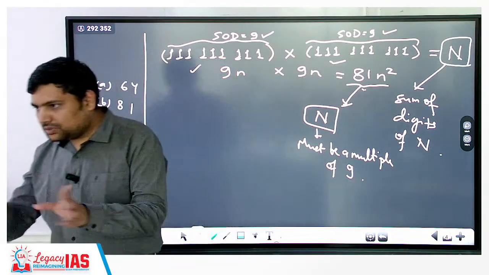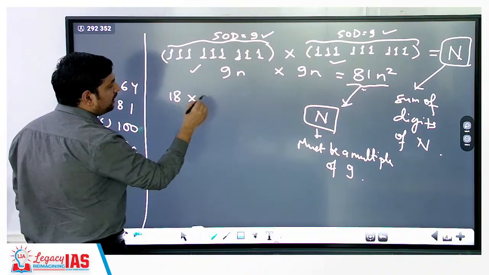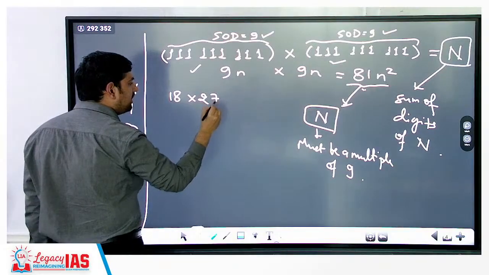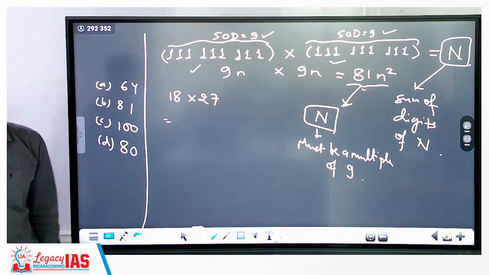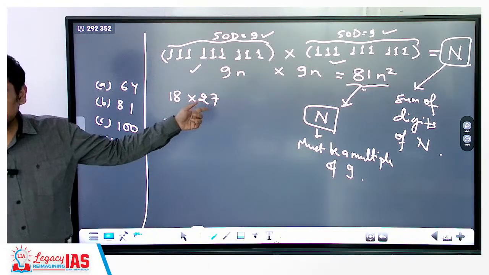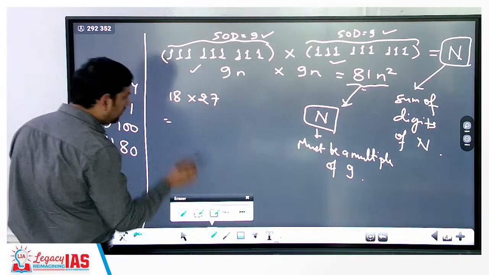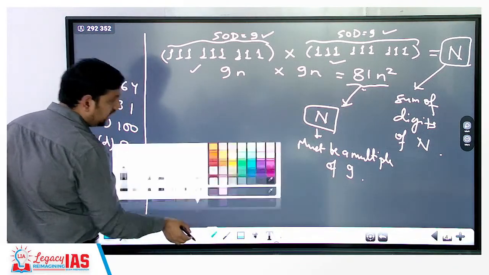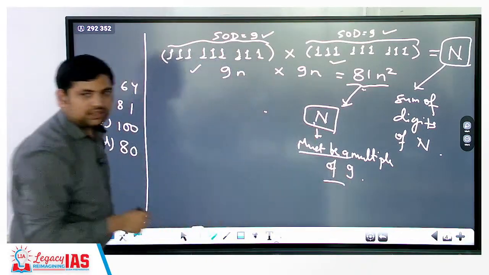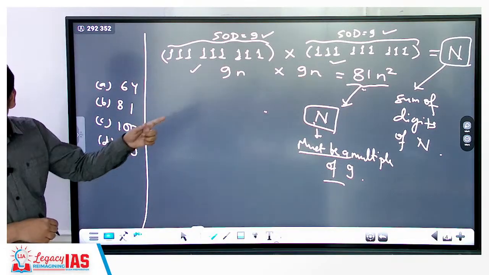So you take two numbers that are multiples of 9, for example, 18 and 27. If you multiply them both, what do you think? Whatever the product is will be divisible by 9, because this was divisible and this was divisible. Their product also will be divisible. Now, if this is so, then whatever the product is, that is n, must be a multiple of 9. It is asking you the sum of digits of this.